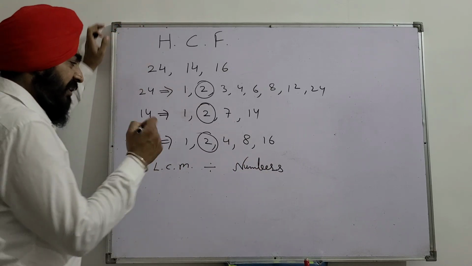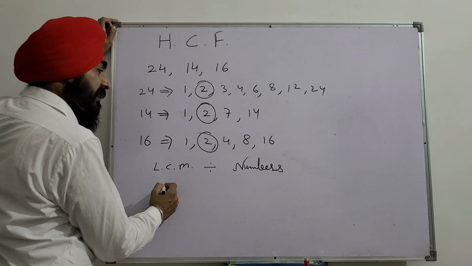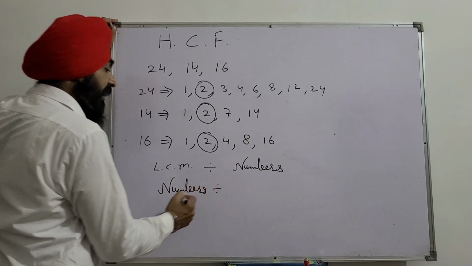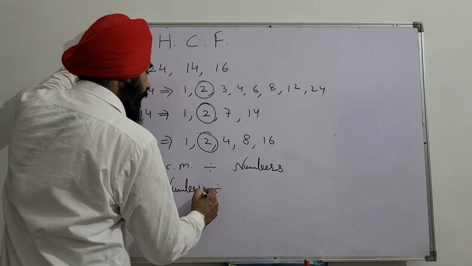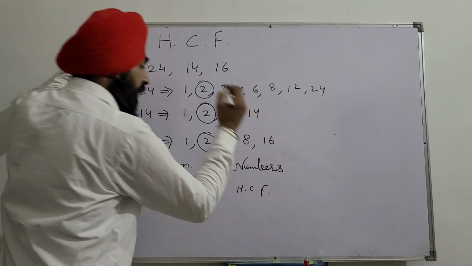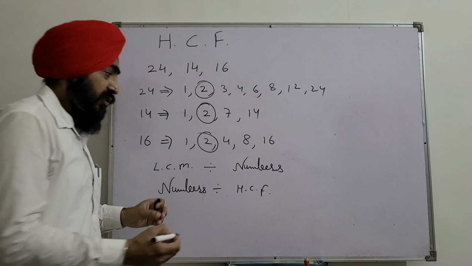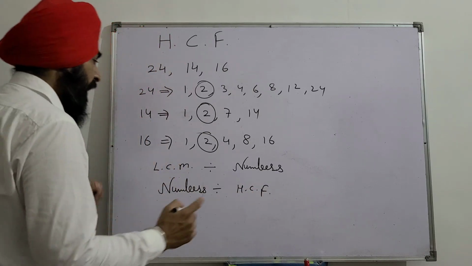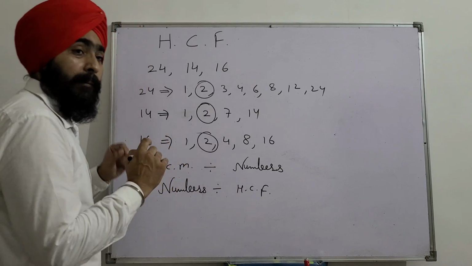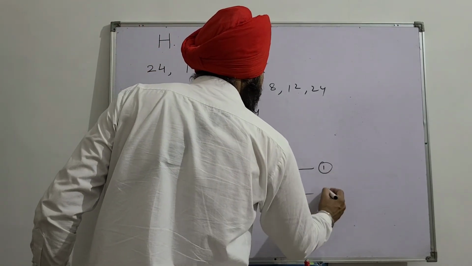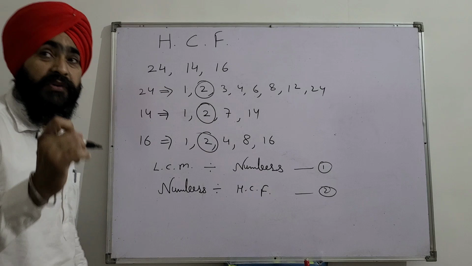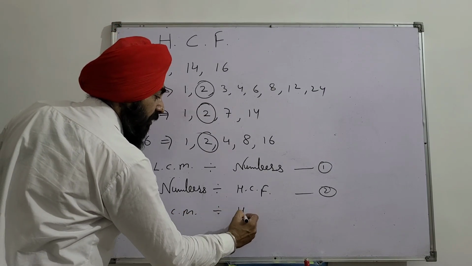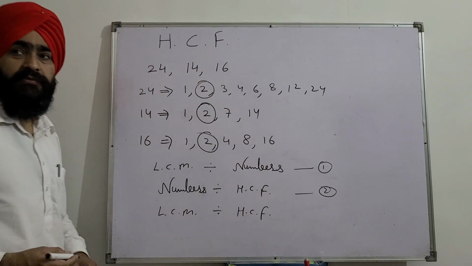And then what is the relation between HCF and numbers? Listen beta, HCF always divides all those numbers which we used to find the HCF. Is it clear? Just consider the connection between the numbers, LCM and HCF. From these two equations we can conclude that LCM is also divisible by HCF.